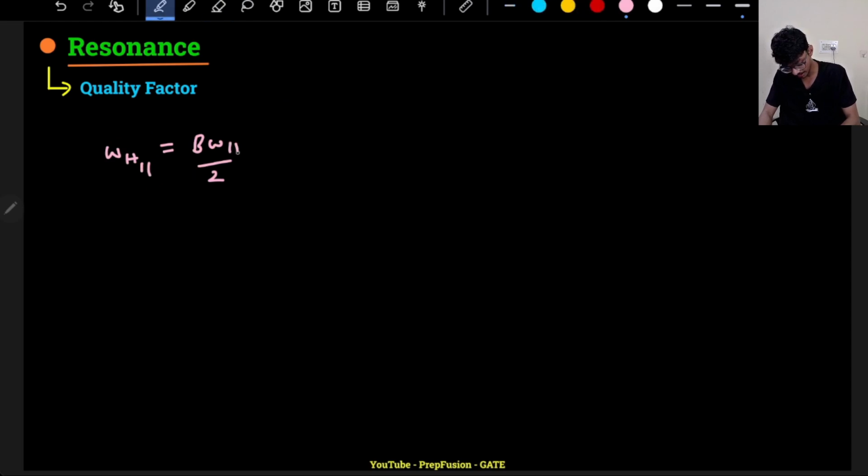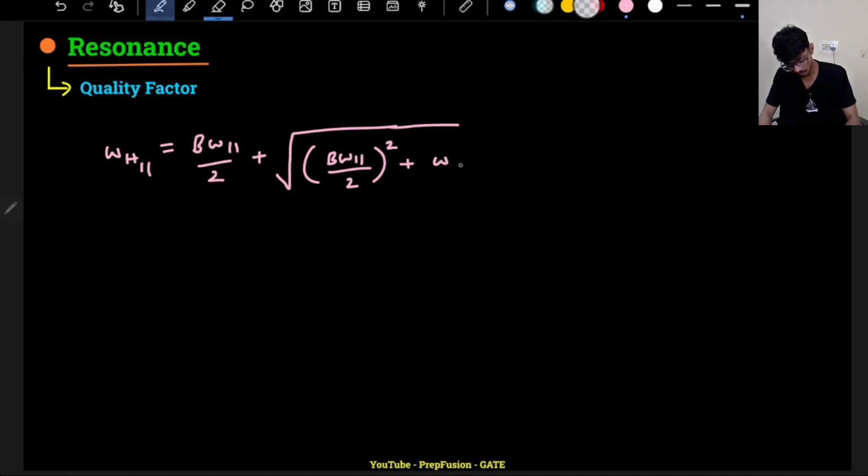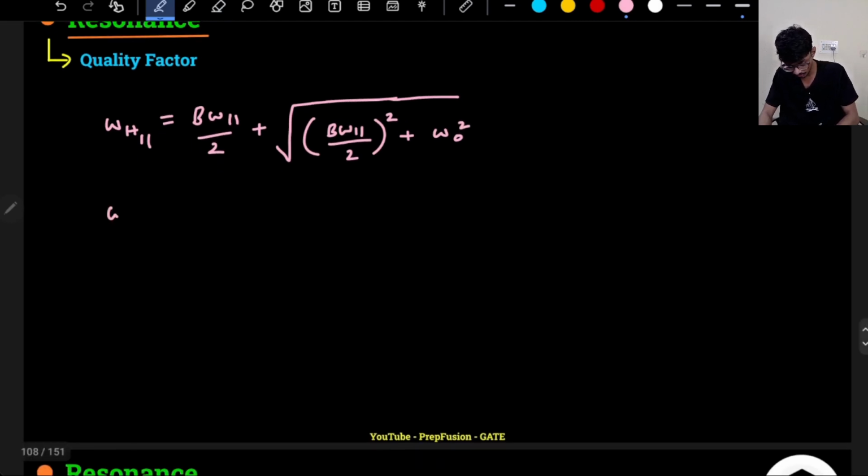It will be parallel bandwidth by 2 plus under root of (parallel bandwidth by 2) whole square plus omega naught whole square. Omega naught is the same for parallel and series RLC circuit, so it does not matter. What about the lower 3 dB frequency? Everything will be the same.